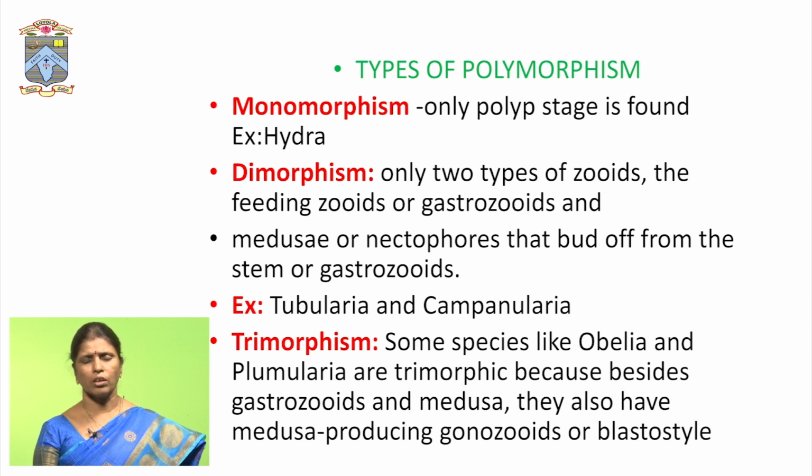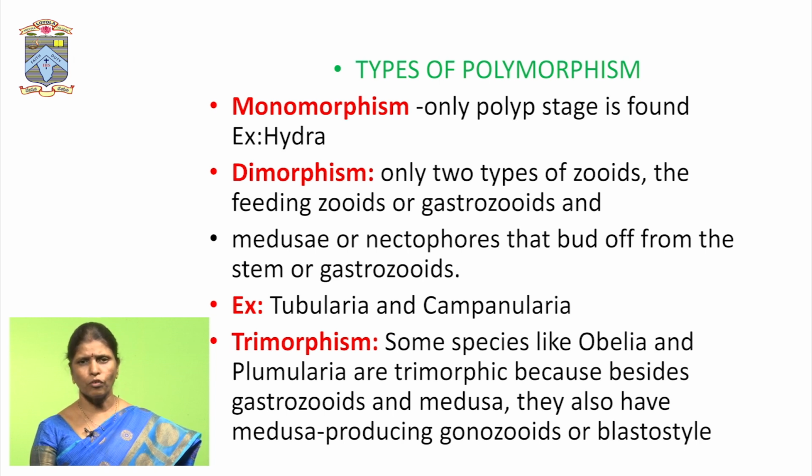For example, the animal Hydra exists in polyp form only, a polypoid zooid.